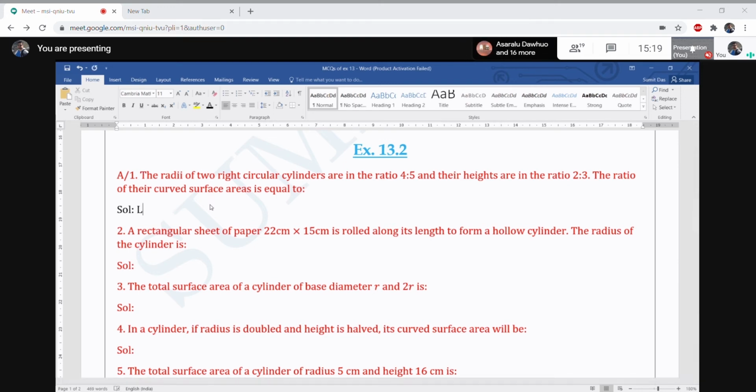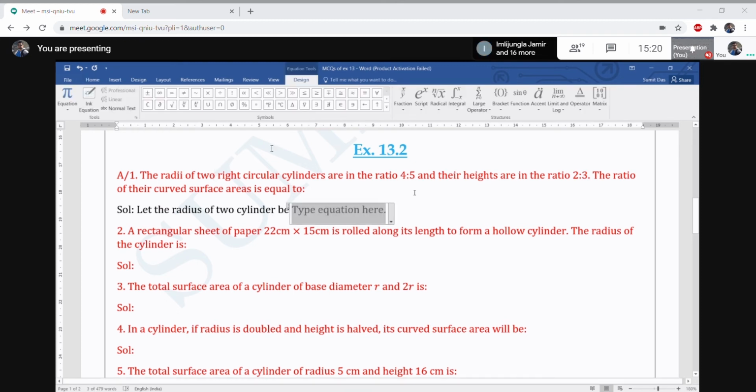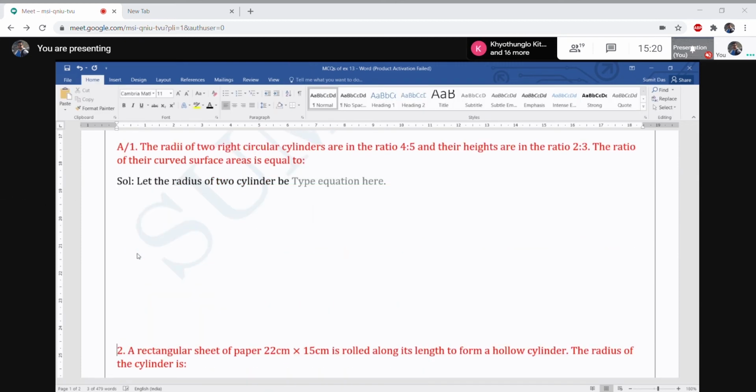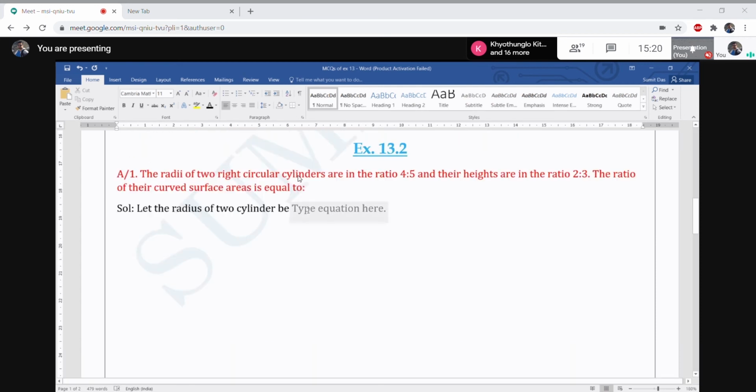So let the radii of the two cylinders be, look, whenever we have a ratio, like here you can see the ratio is given 4:5, whenever this kind of question comes, we have to take the ratio like this: 4R and 5R respectively.